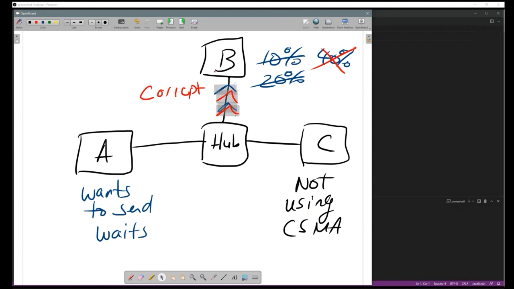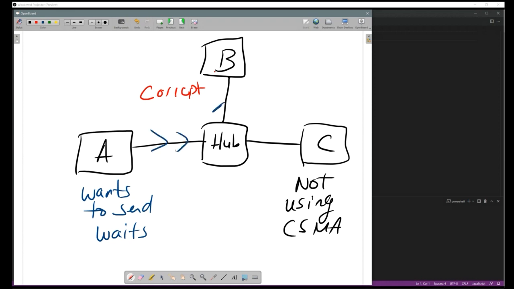Okay, so let's look at this again. A is transmitting, let's use blue, to B. Let's say it goes from 10% to 40% again. And then C starts transmitting.